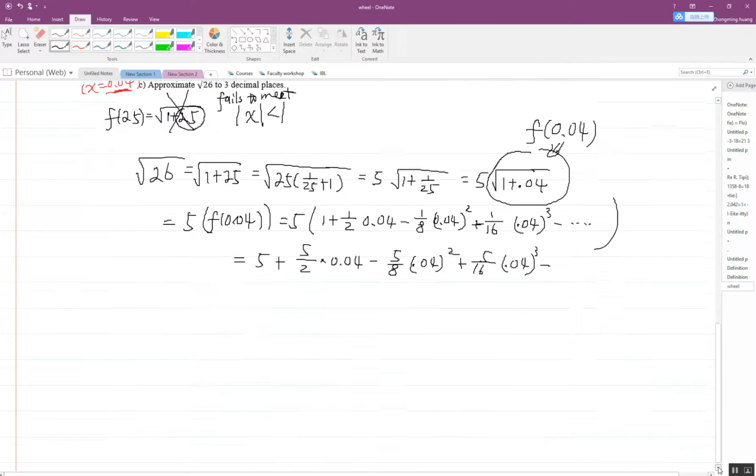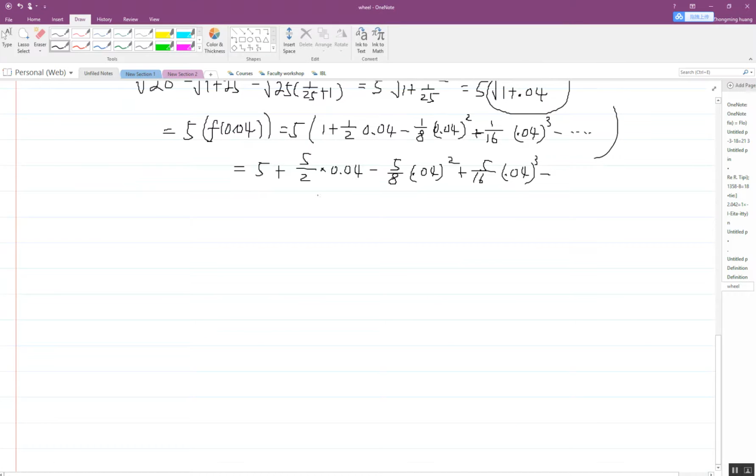Now because this is our alternating series again, how many terms do you add to secure 3 decimal places accuracy? Just compute each term, and if you do the algebra, this term is actually 0.001, and therefore you just need 2 terms to get to the accuracy.